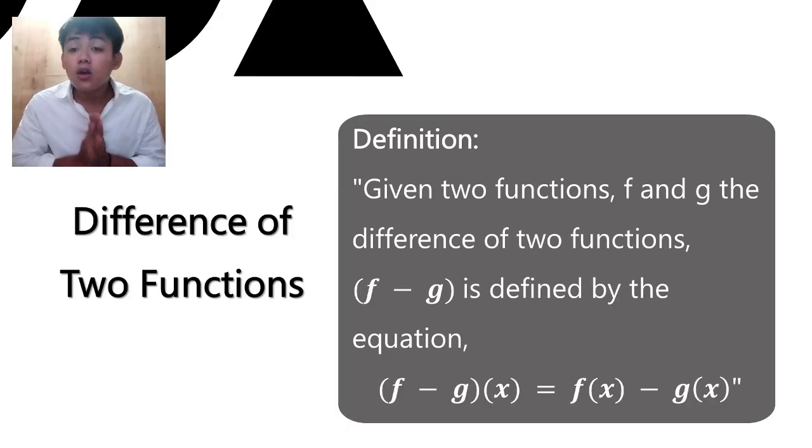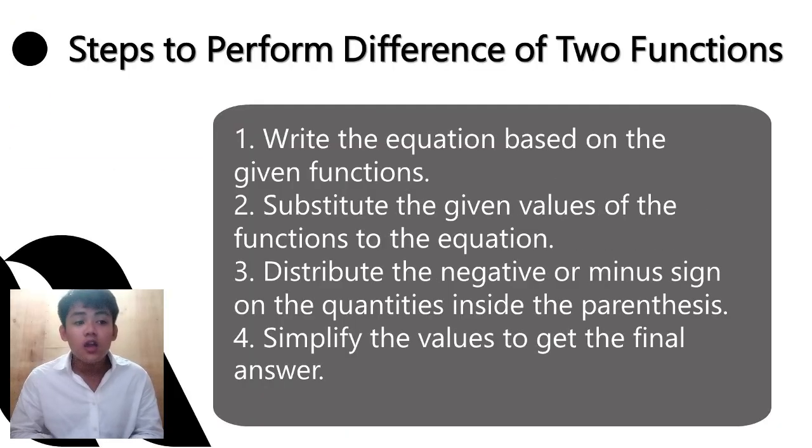So similar with the previous operation, it also has a different step-by-step procedure in performing the combination of the two functions to get the final answer, but it has slight differences between those two. Okay, we have here the steps for the difference of the two functions. First, same with the other one, write the equation based on the given functions.